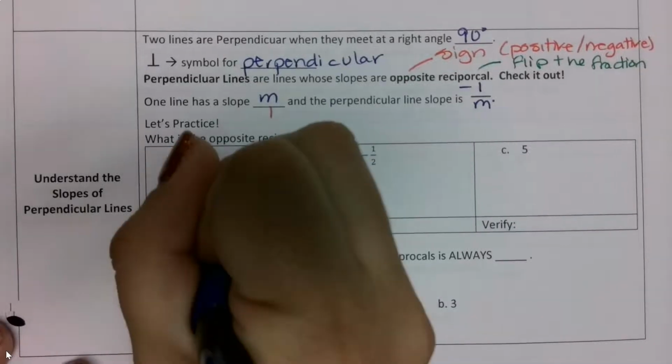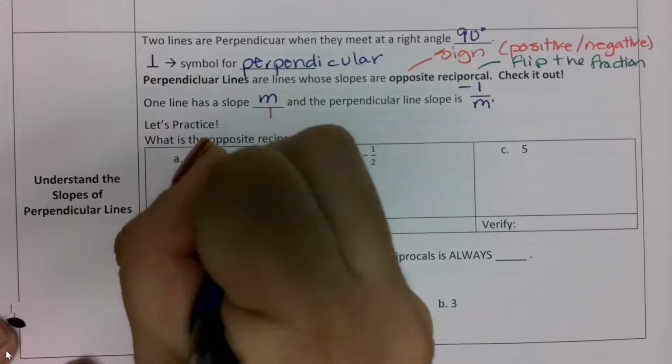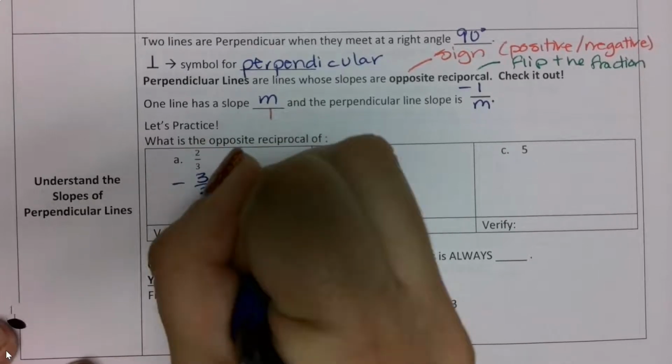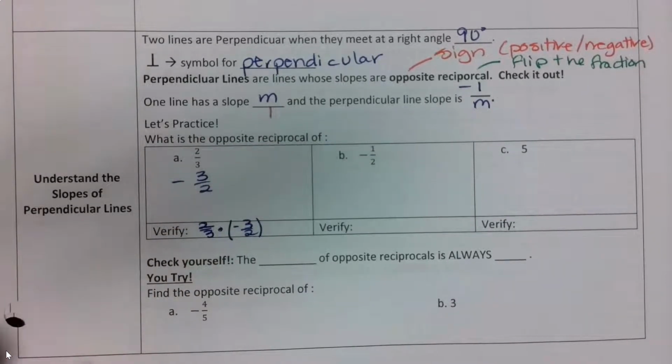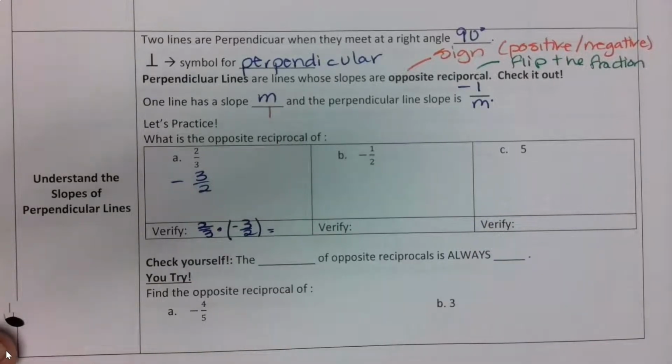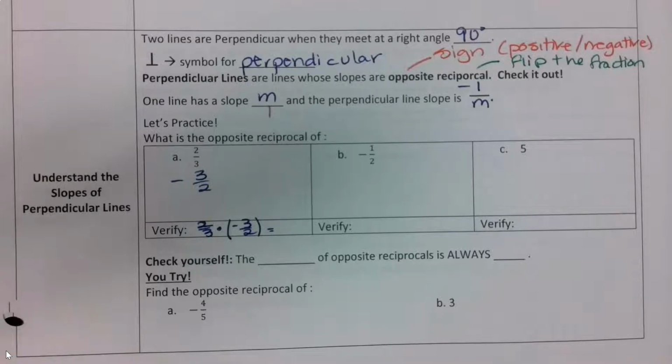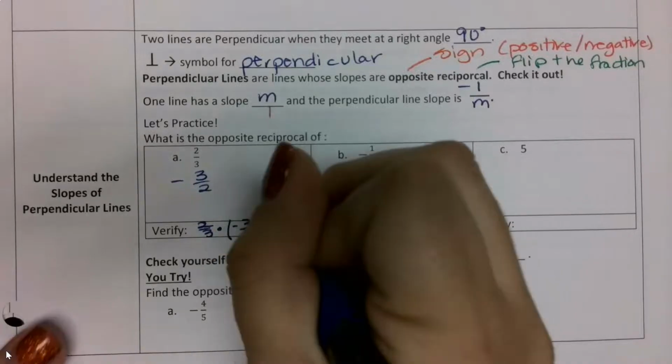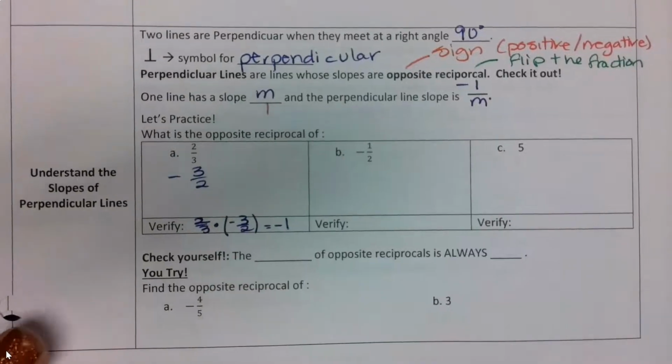So I'm going to multiply these two together. I'm going to have 2/3 times negative 3/2. If I multiply those two on my calculator, what do I get as my answer? Okay, so I did it correctly.